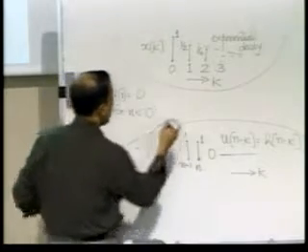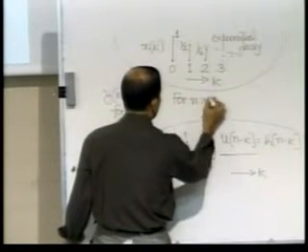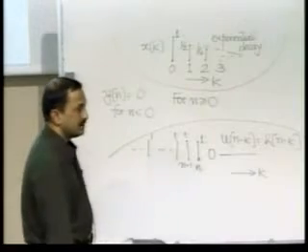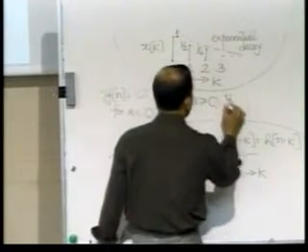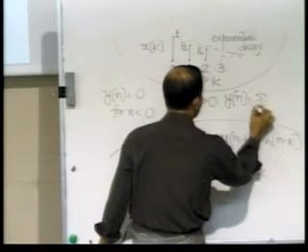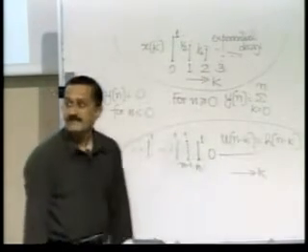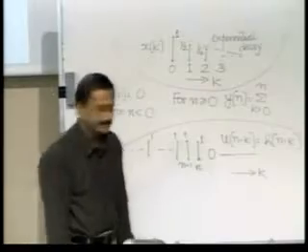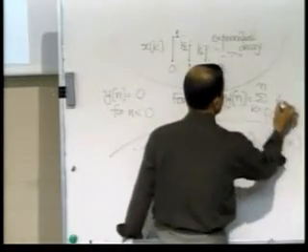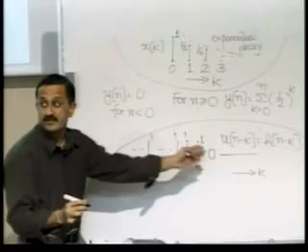So, for n greater than or equal to 0, the sequence y of n takes the value summation k going from 0 to n, of half raised to the power of k, multiplied by 1, of course, because these are all 1s.